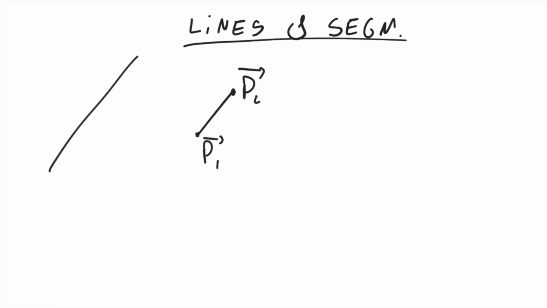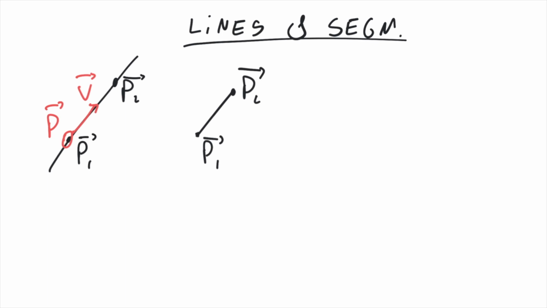A line you can represent by either 2 points, P1 and P2. So 2 points where the line passes already define the full line, but also you can represent it as a point, let's say P, and the vector V. The conversion between these two representations is easy, right?